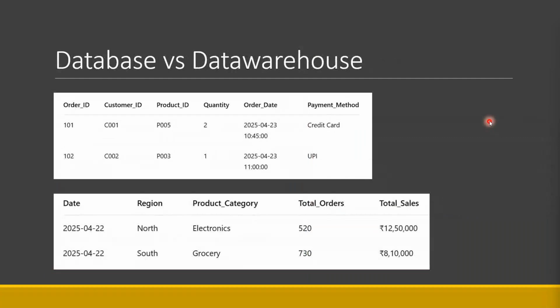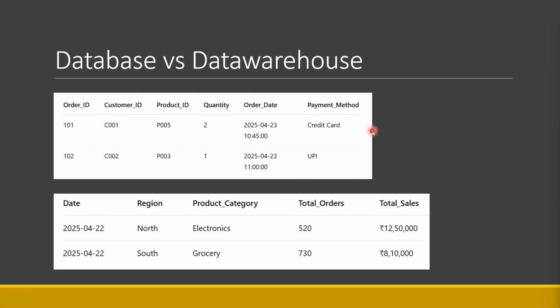Okay, now we have discussed data warehouse, but most of you are familiar with the term database. So now let's understand these two tables, and let's see how database and data warehouse are different. In this first table, you can see order ID, customer ID, product ID, quantity, order date, and payment method.